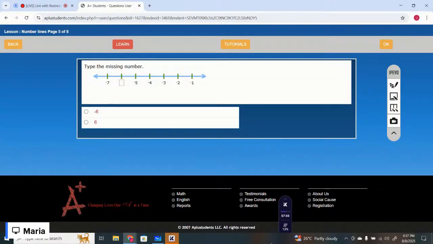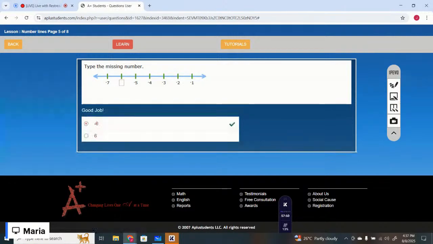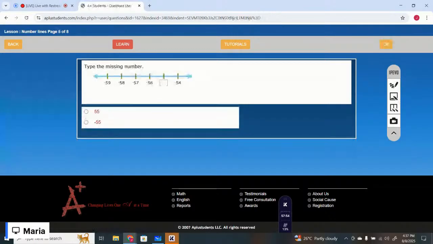Option number 1 is the correct option. The missing number is negative.